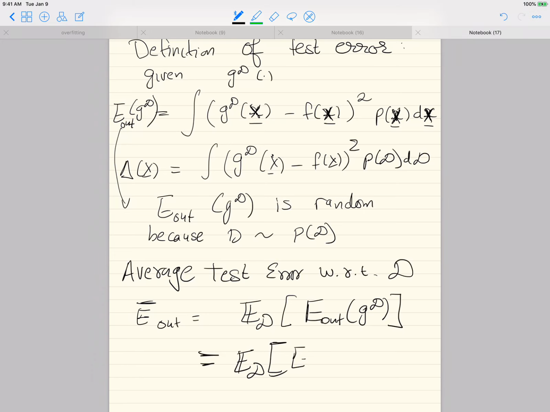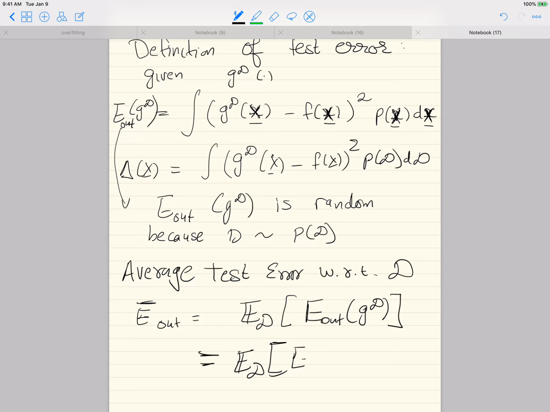Now I can interchange the expectation. So I take the expectation with respect to X first, and then take the expectation of GD of X minus F of X, squared, with respect to D. And this is nothing but delta of X.